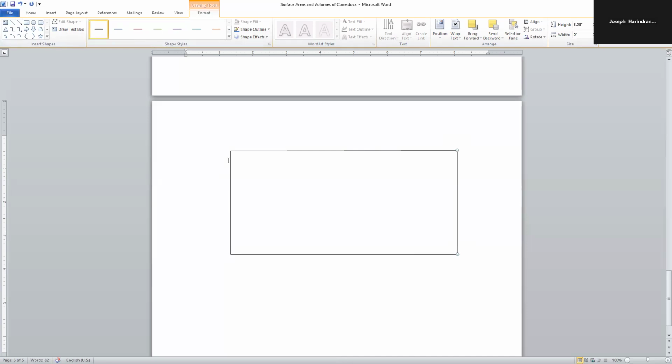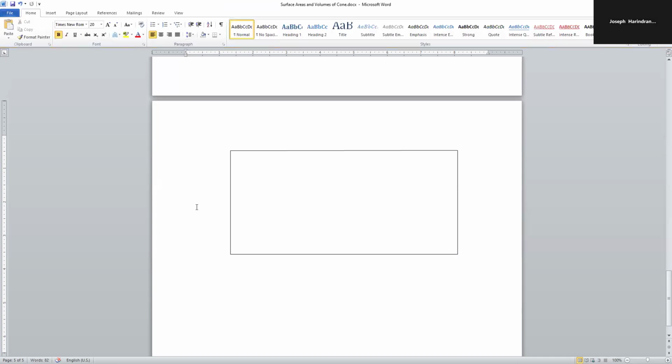This vertical length is 3 meters. We need to find out the length of this.